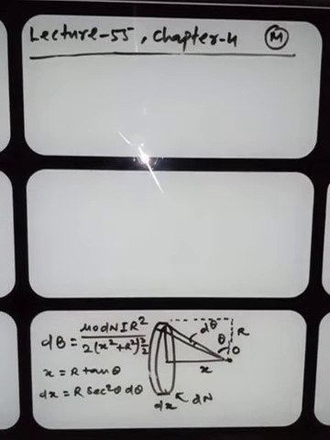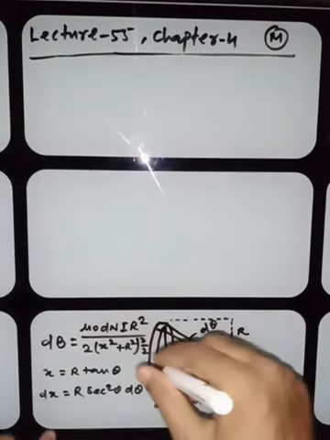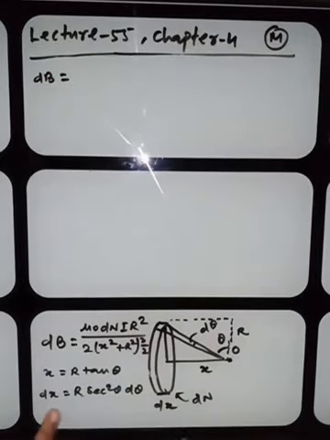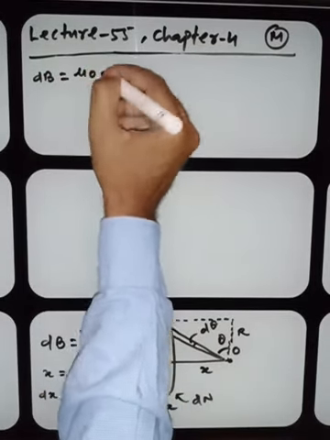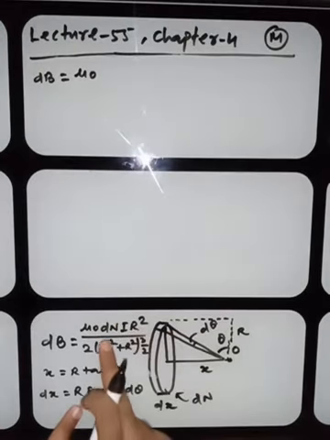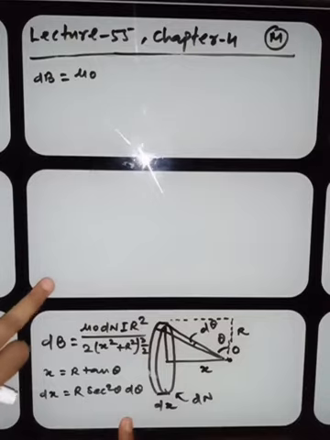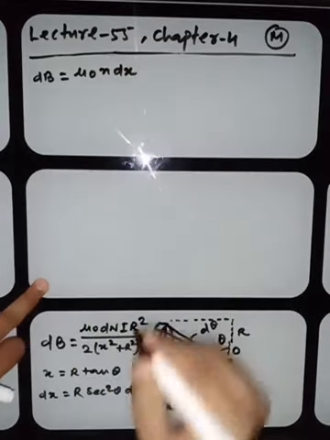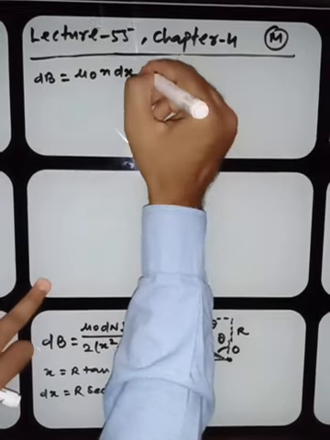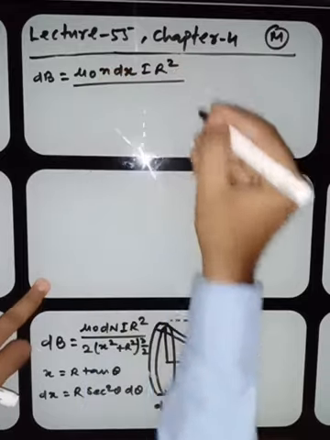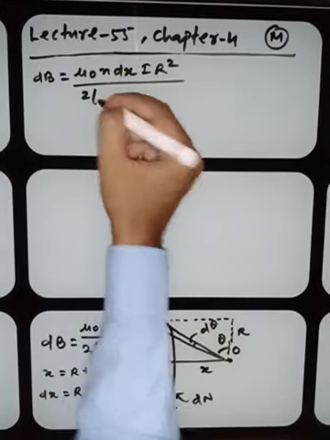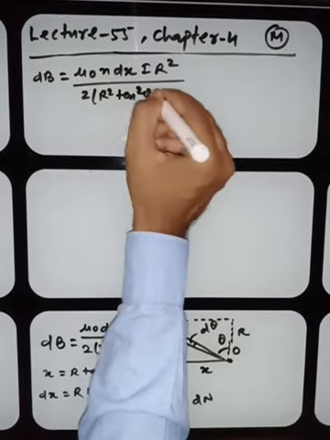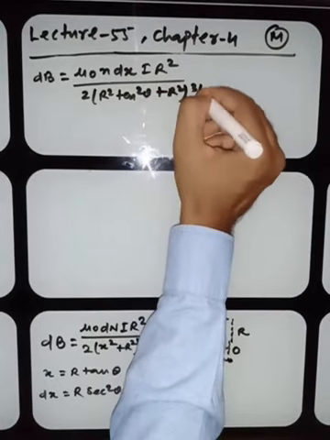Now, putting this value, dB can be written as mu naught dn, and dn can be written as N times dx, I r square divided by 2 times x square, where x is nothing but r tan theta, so r square tan square theta plus r square to the power 3 by 2.